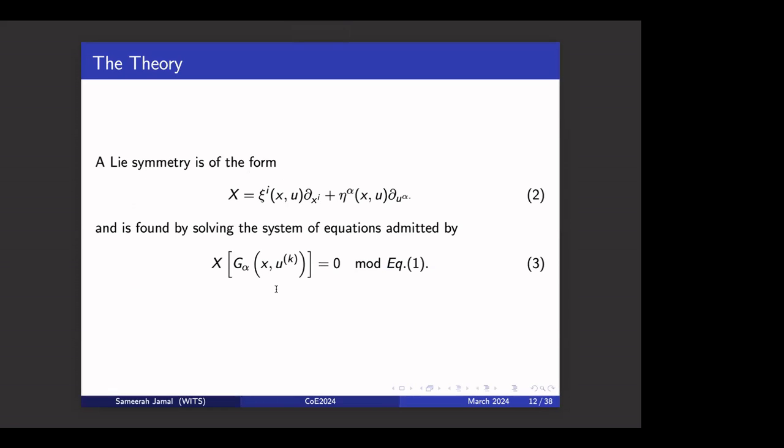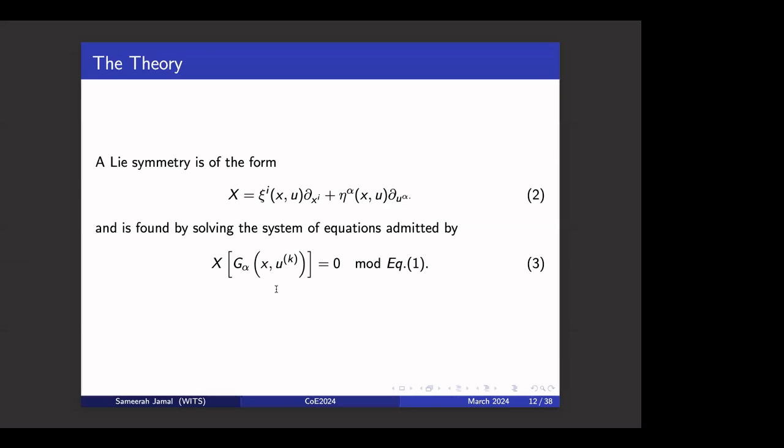The symmetry looks of the form number 2, and this would be, let's say, a point symmetry. In general, you would try to construct capital X by finding the coefficients xi and eta alpha. So how does one find xi and eta alpha?